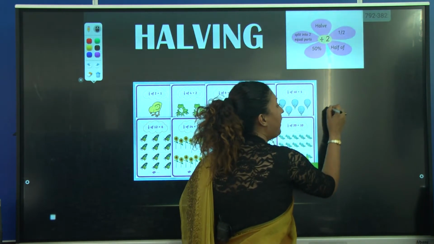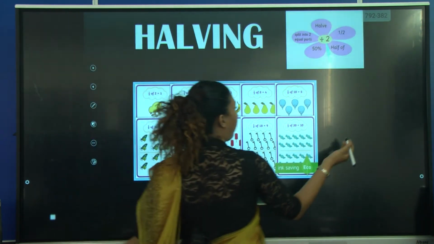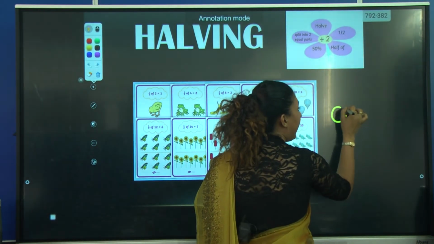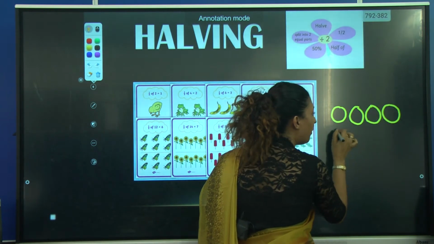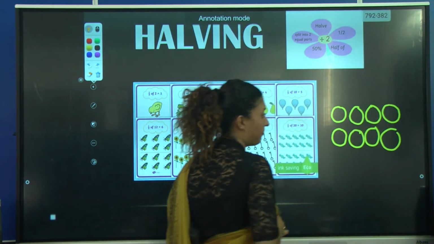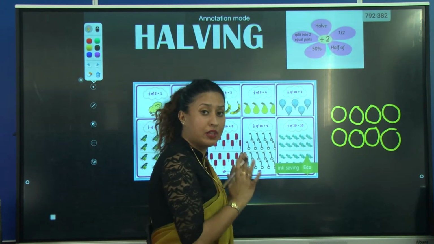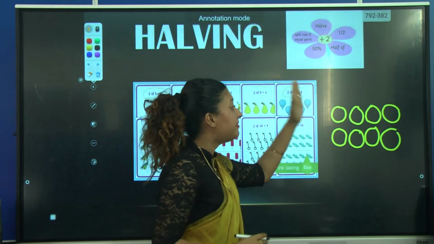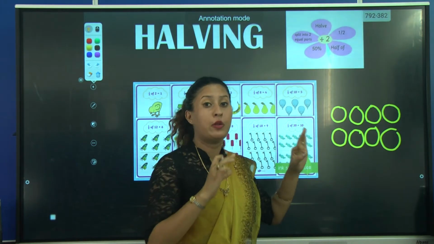Now see, I have 8 balls with me. How many balls do I have, children? I have 8 with me, and I'm going to split into 2 equal parts. I'm going to divide the number of balls that I have into 2 equal parts.